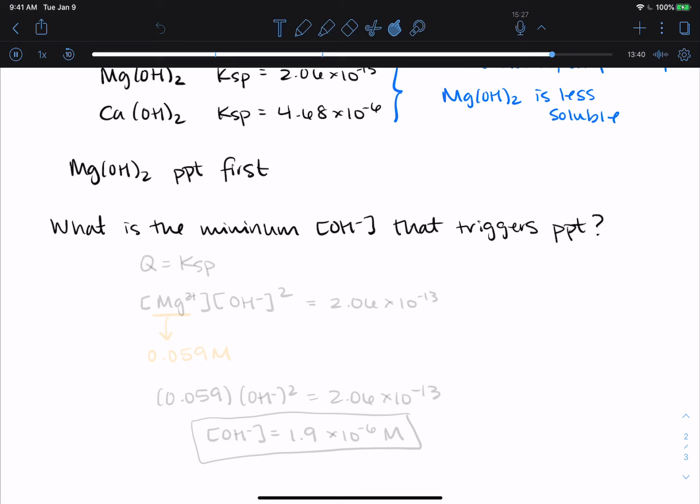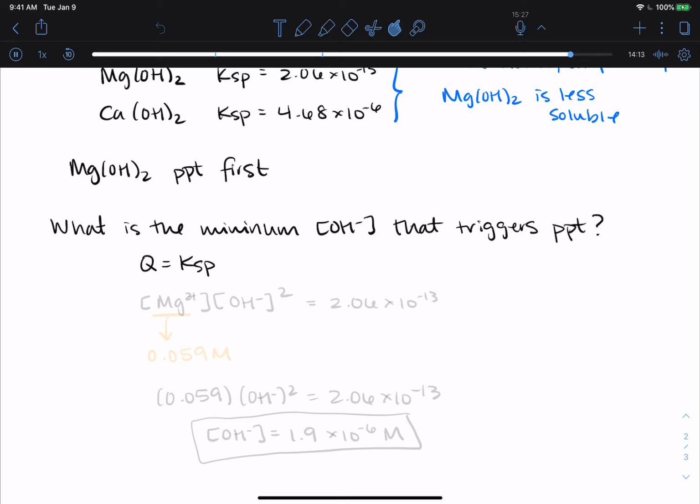So precipitation begins at the exact moment when Q equals KSP. Right? This is exactly at equilibrium. In order for it to be at equilibrium, we still have to have some reactant, even though it doesn't show up in the equilibrium constant expression. That solid has to be there to have an established equilibrium with the ions that are in solution.